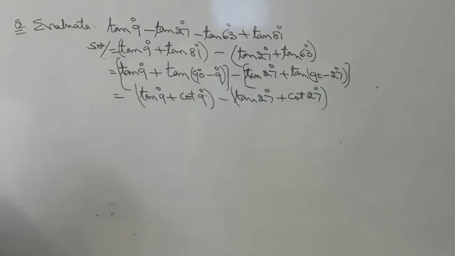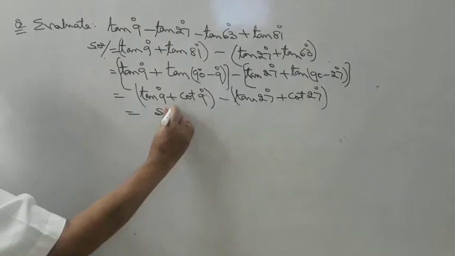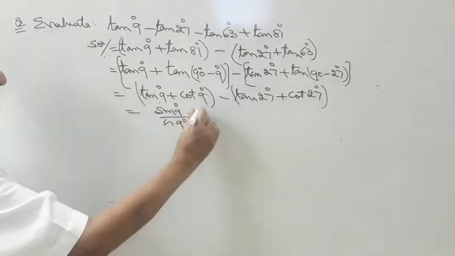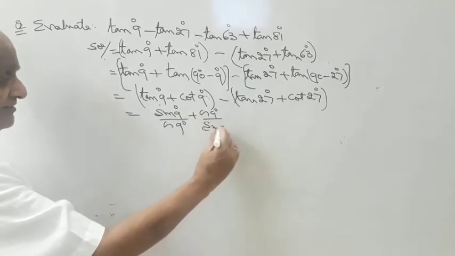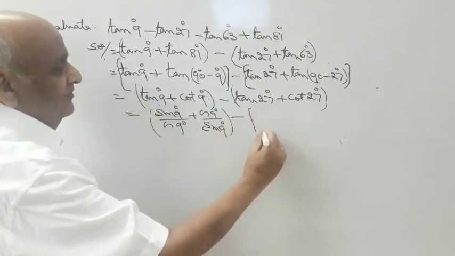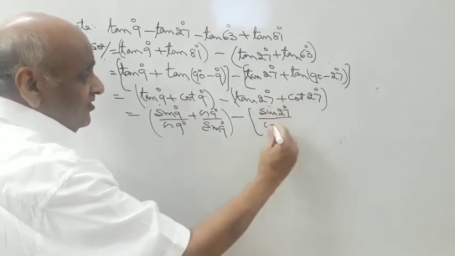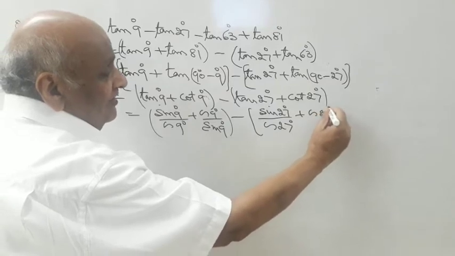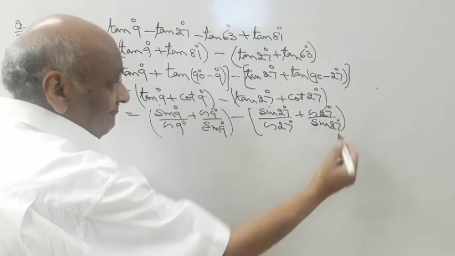See, we are to evaluate it. Change into sine and cos. Sine 9 degrees upon cos 9 degrees plus cos 9 degrees upon sine 9 degrees. Here also, sine 27 upon cos 27 degrees plus cos 27 upon sine 27 degrees.